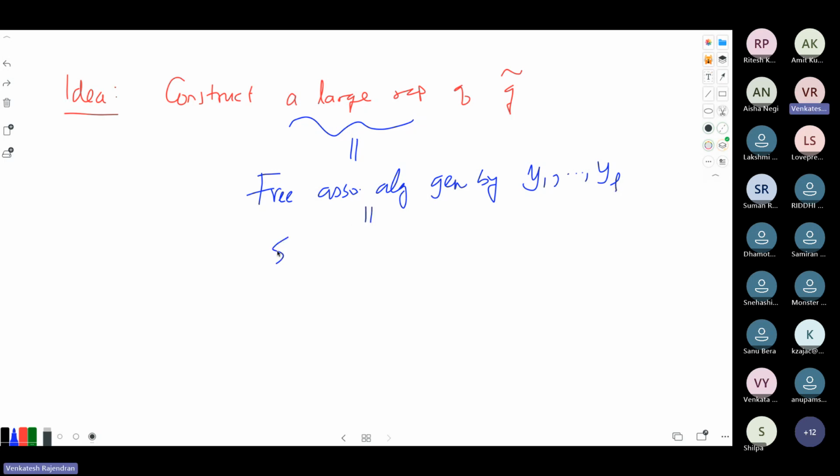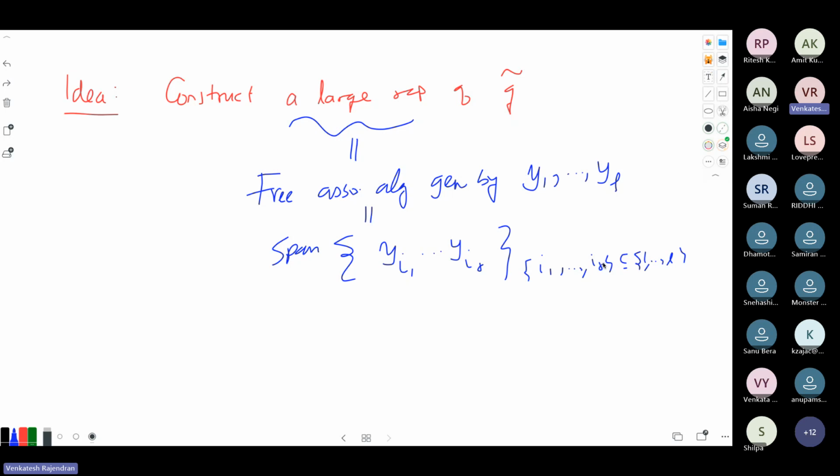This is the span of all possible words y_{i1} etc. y_{ir}, where i1, etc., ir come from 1, 2, etc., with repetition.